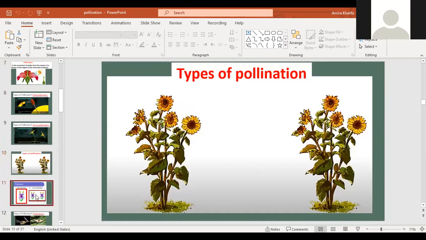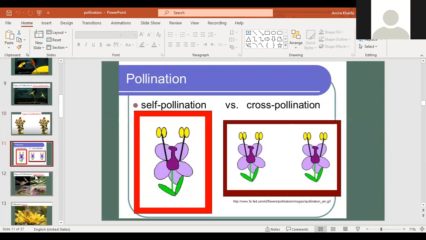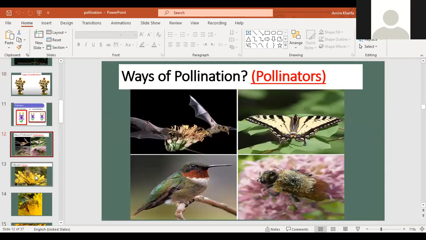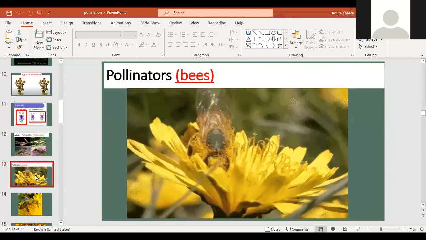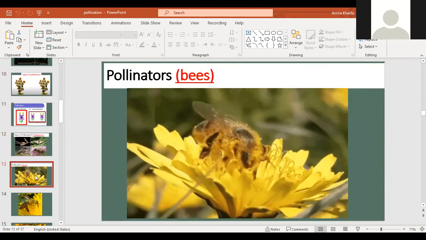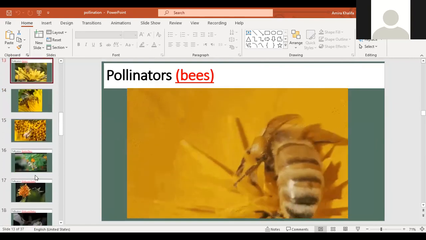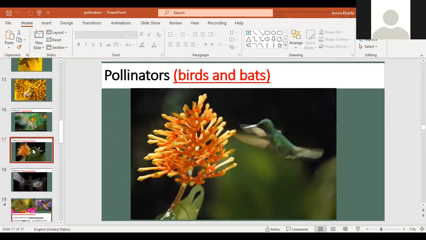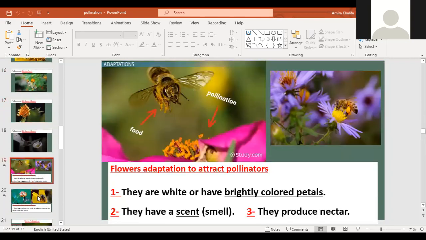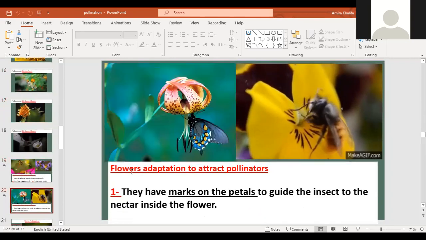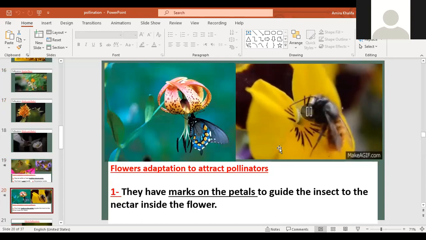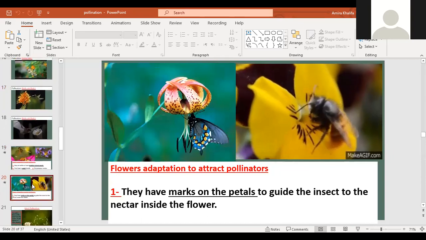This is called cross-pollination. Number three, we talked today about pollinators, the ways of pollination. It can happen by insects or birds, like bees, butterflies, bats, and moths. We talked as well about the adaptation of flowers. The flowers are very colorful, they have marks, they have scent.